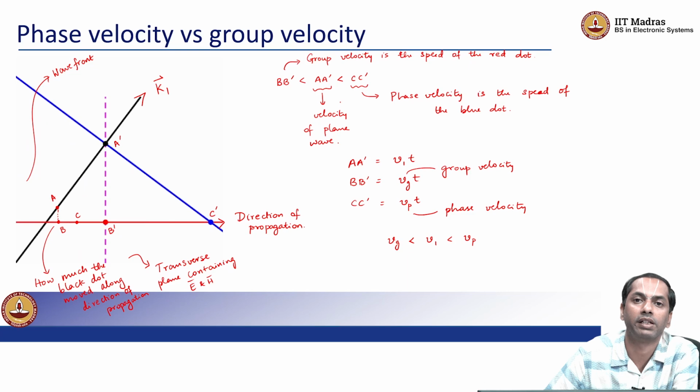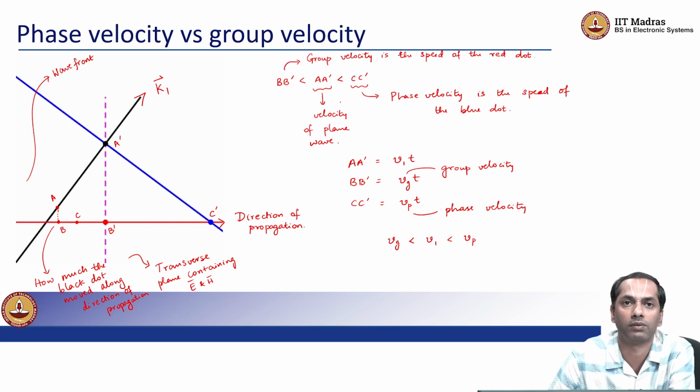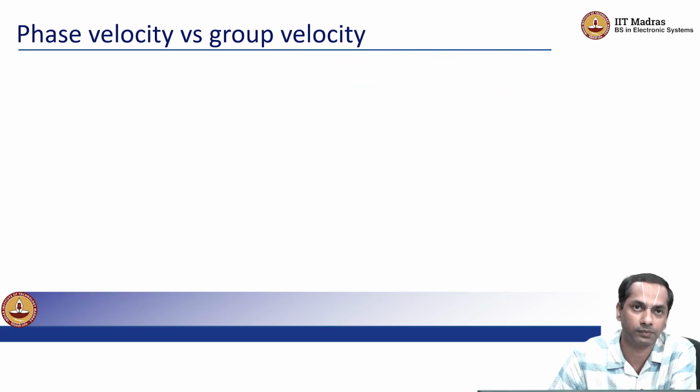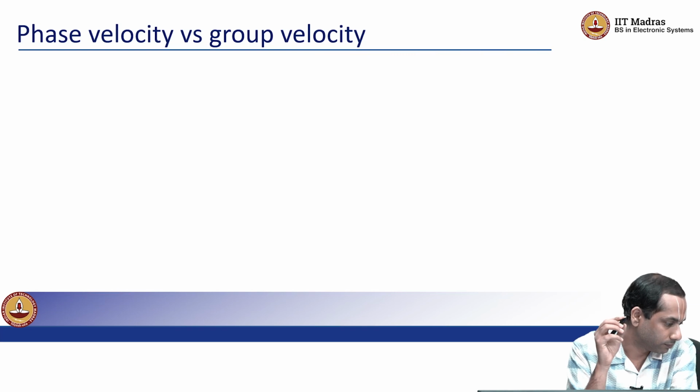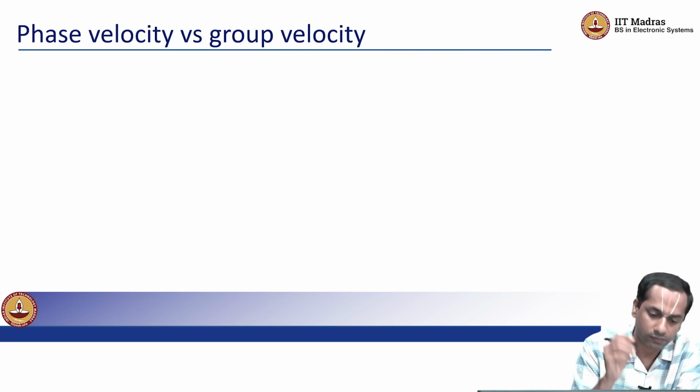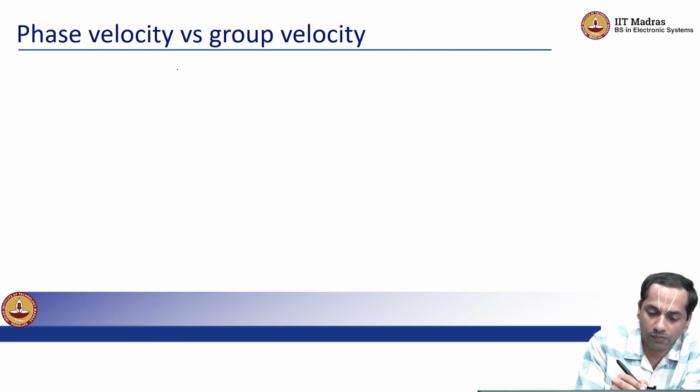Okay, so let us try to get the expressions for phase and group velocity. Now that we have understood what they mean, let us try to get some expressions for them. So the phase velocity Vp is quite simply omega by kxi.